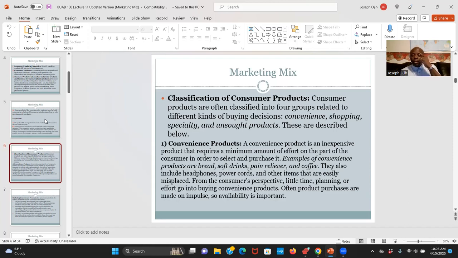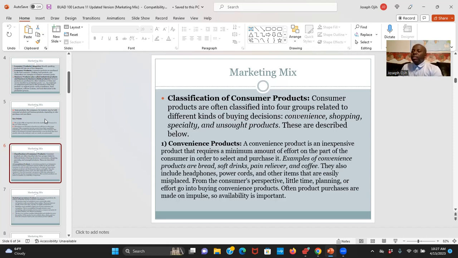Usually this kind of product is also bought on impulse without any real planning. For example, maybe you are traveling to Washington and using the GPS in your phone, and for some reason you forgot your car charger at home.